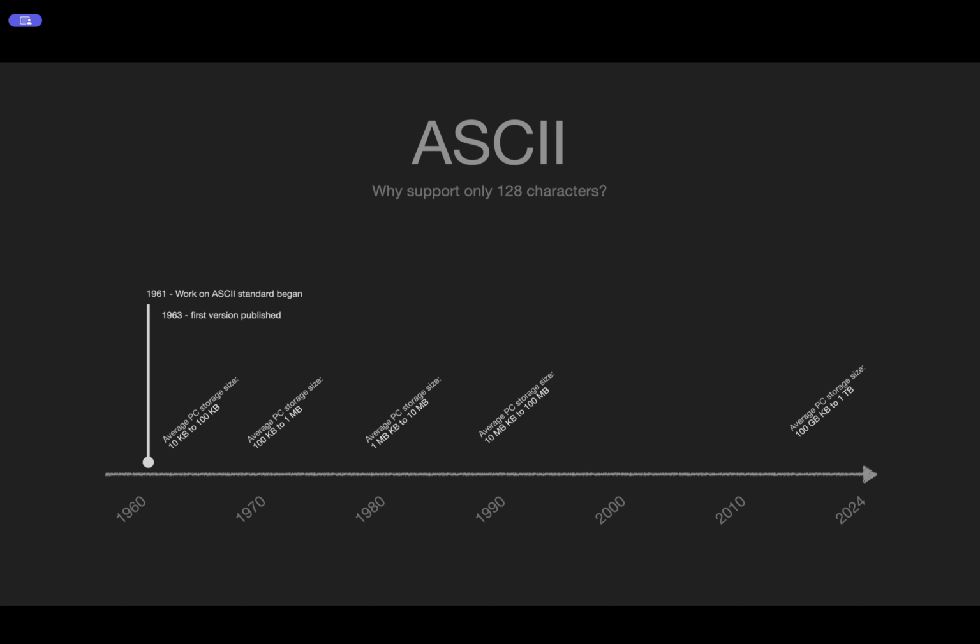ASCII was designed in 1961 and the first version of it was published in 1963. Back at that time, computers didn't have much physical storage. For example, in the 60s, computers had around 10 to 100 kilobytes of memory, while the average contemporary computer may have at least 100 gigabytes.